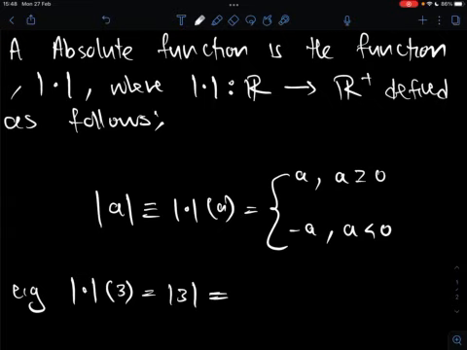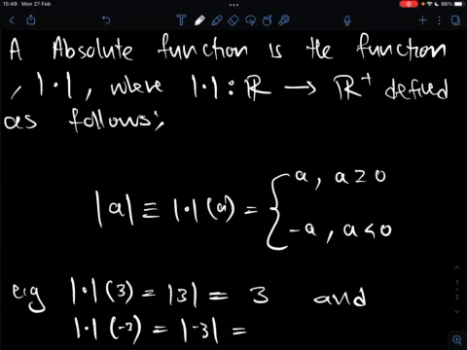When it sees that the argument you have given it is positive, it gives it out as it is. But in instances whereby you feed it something negative, let's say negative 3, which you can write as the absolute value of negative 3, it checks, finds that what you have put as an argument is negative, takes that negative 3 and multiplies it with a negative, and you get a positive 3.